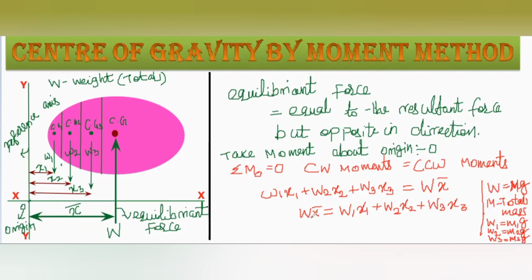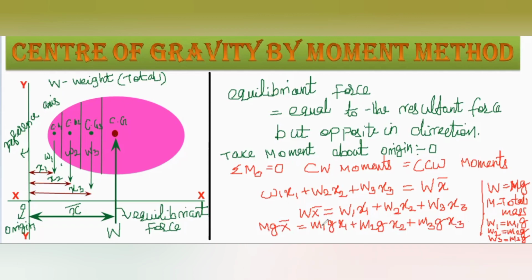If I substitute all the values here, instead of W, capital M, the total mass, into g into X bar, equals m1 g X1 plus m2 g X2 plus m3 g X3. Here W3 is m3g.